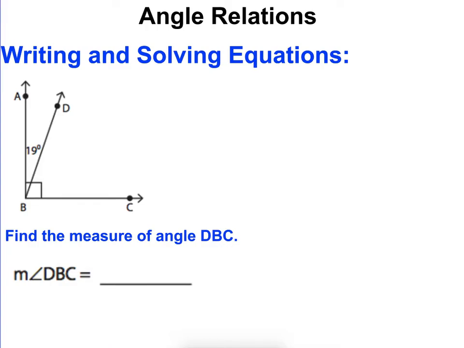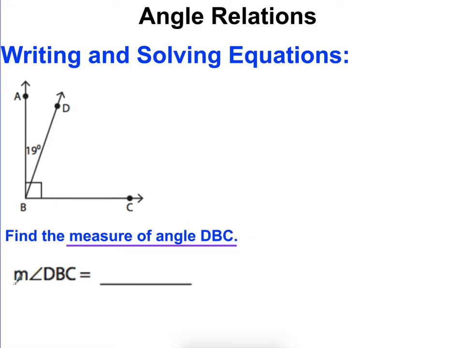Let's look at writing and solving equations to solve some of these problems. So here's our picture of this angle, and our prompt says find the measure of angle DBC. In math, instead of writing measure of angle DBC, we like to use symbols.